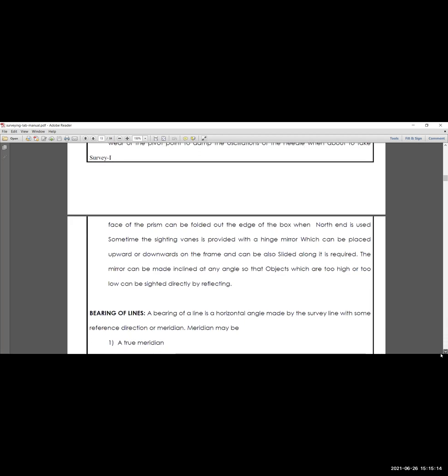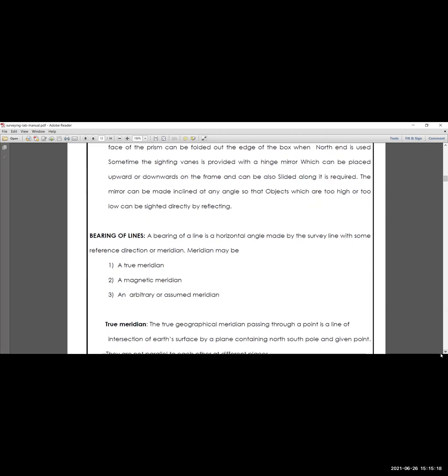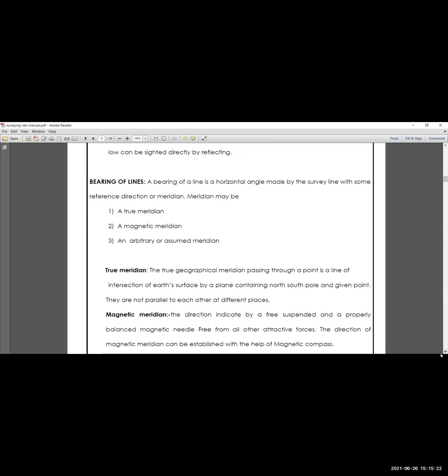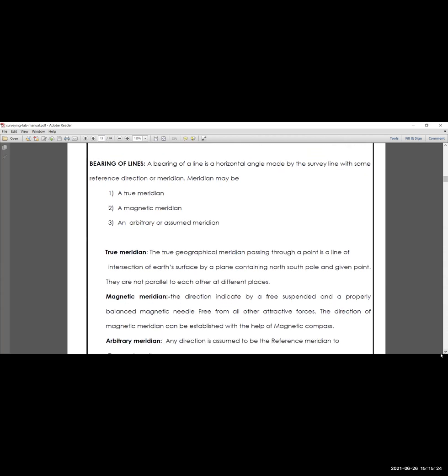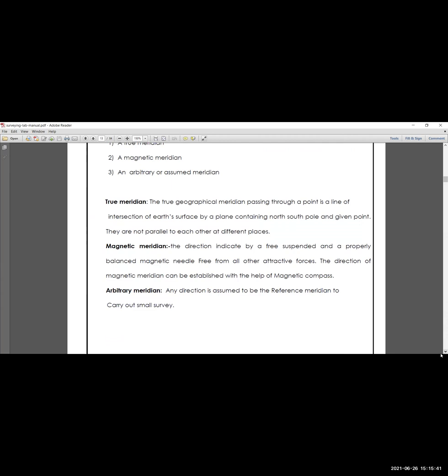So how do we measure the bearing of a line? A bearing of a line is the horizontal angle made by the survey line with some reference direction or meridian. The meridian may be either true meridian, magnetic meridian, or arbitrary or assumed meridian. So what is the meridian?